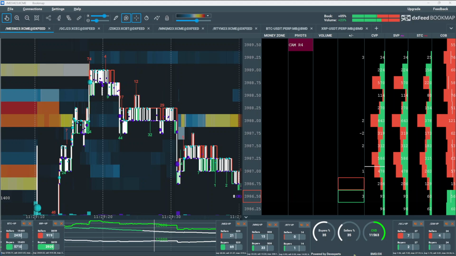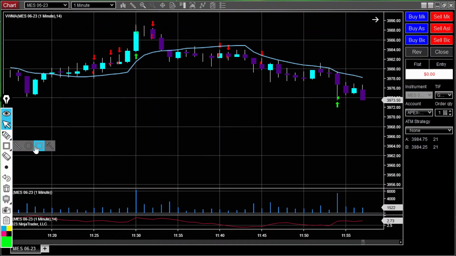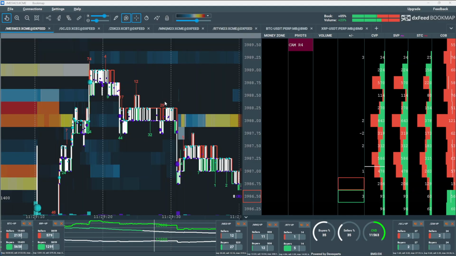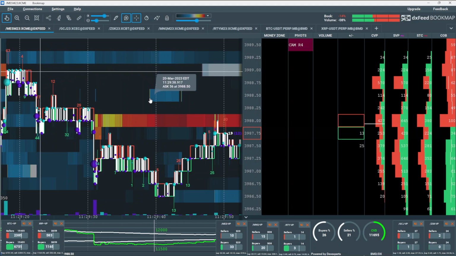Let me just switch over real quick. So this candle right here, buying is drying up on that candle, and buying started to dry up on top here too. With both of these candles, and showing that over on Bookmap here, we have this first exhaustion of the buyers.